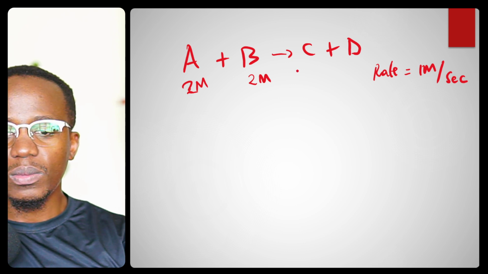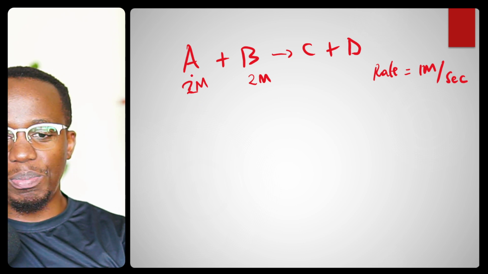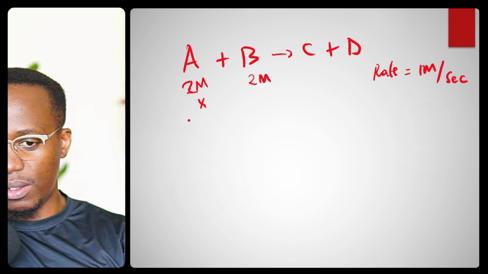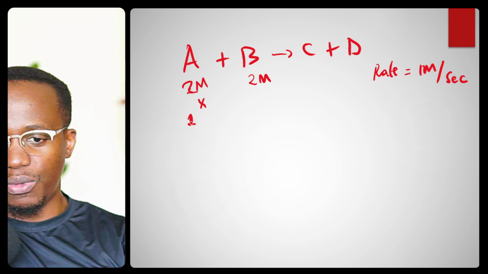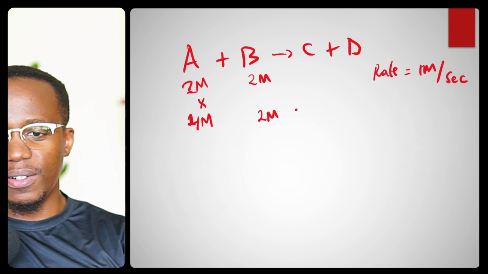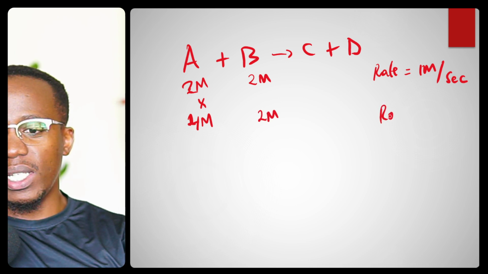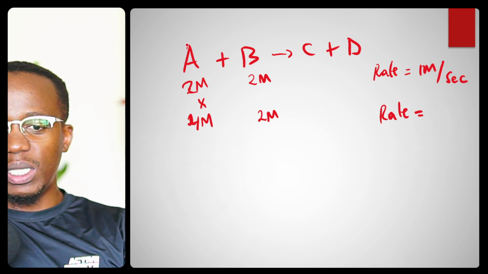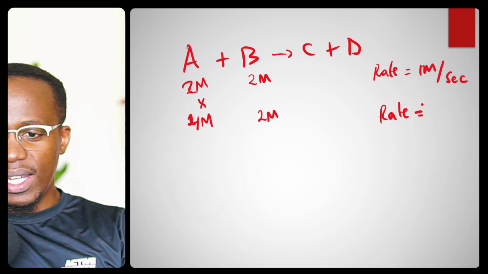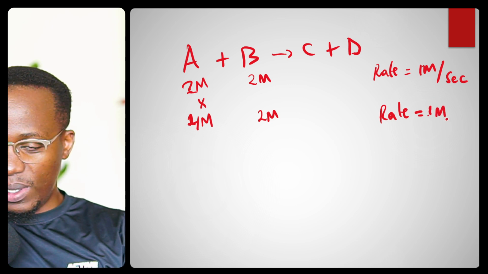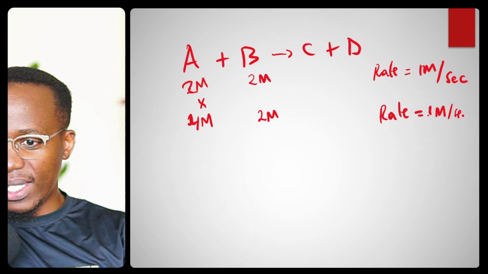So if I multiply A by 2, this becomes 4 molar, B is still 2 molar, right? What happens to the rate? What do you think happens to the rate? And again, if you multiply A, and the rate is still 1 molar per second, so the rate doesn't change.